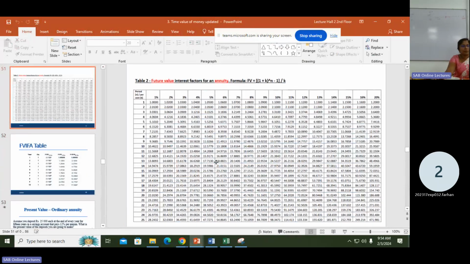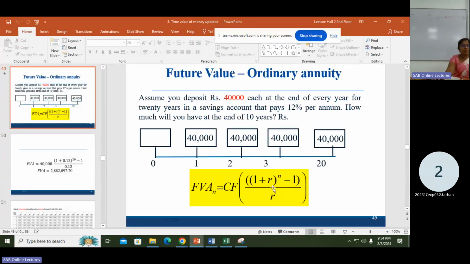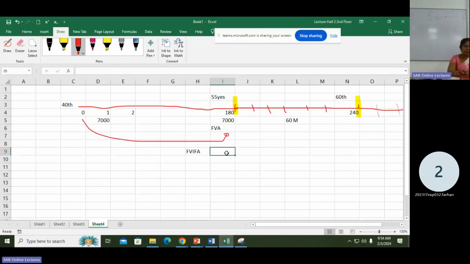You can apply this: 1 plus R to the power n, minus 1, divided by R. So the future value annuity factor is equal to 1.01 to the power 180, minus 1, divided by R, where R is 0.01.